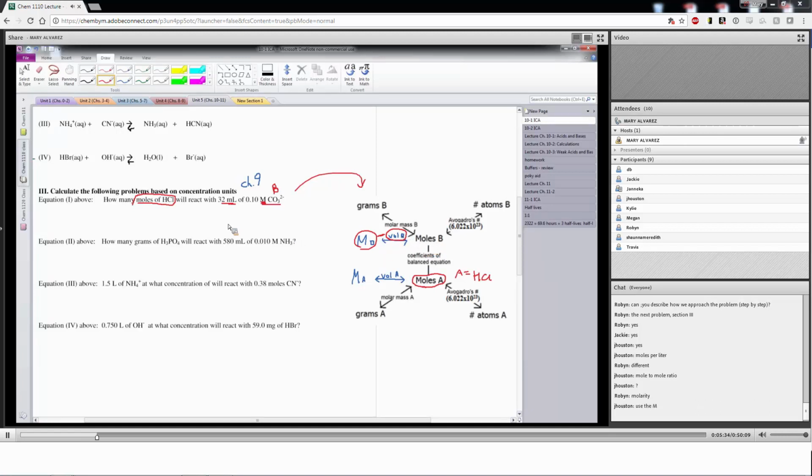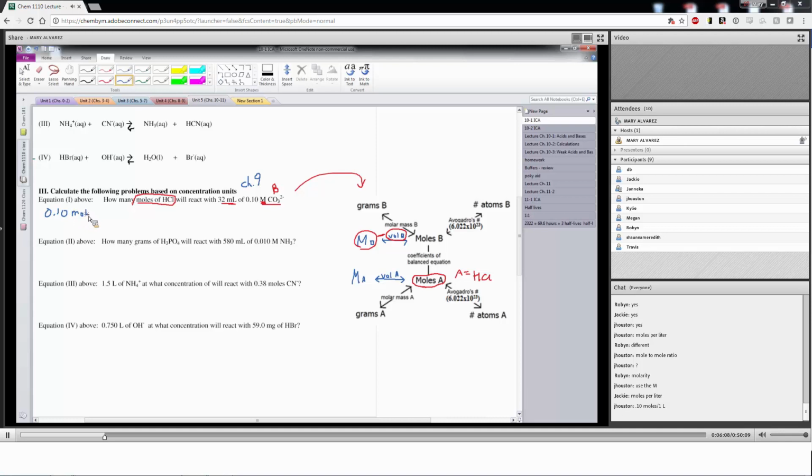Okay, and all of this is dimensional analysis. So let's start with what we're given here. We can start with the volume or we can start with the molarity. It doesn't matter. Joyce says use the molarity. Okay, use that capital M. And remind me, because the capital M is useless, what do I need to use instead of capital M? Perfect, moles per liter.